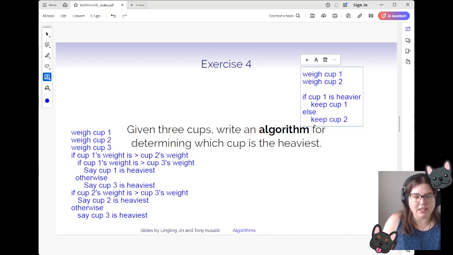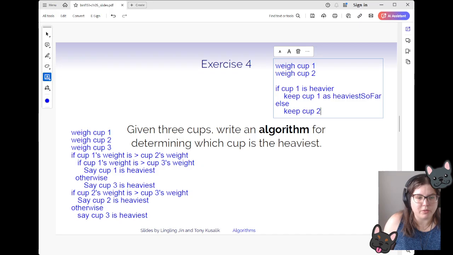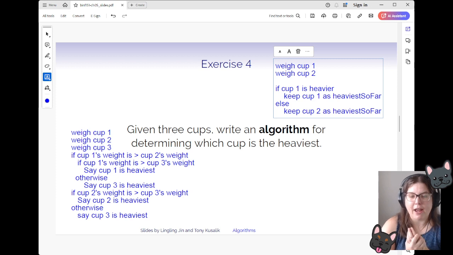And we'll call these and keep them as something that we're going to call, just to make it simpler later on in the algorithm, heaviest so far. Let me move this over so we can keep seeing it. Or keep cup 2 as heaviest so far. So that's like me saying, I'm going to keep Vader and use him for the next comparison because he is the heaviest dog I have so far.